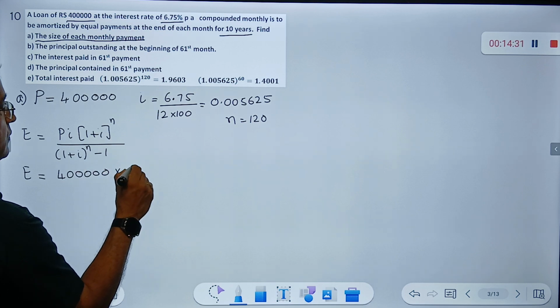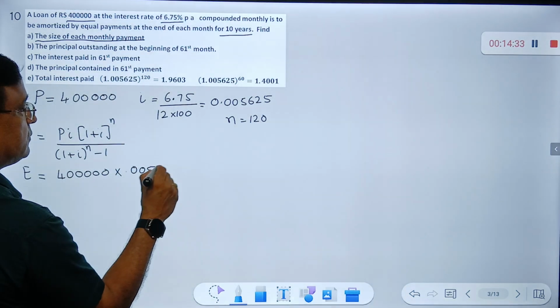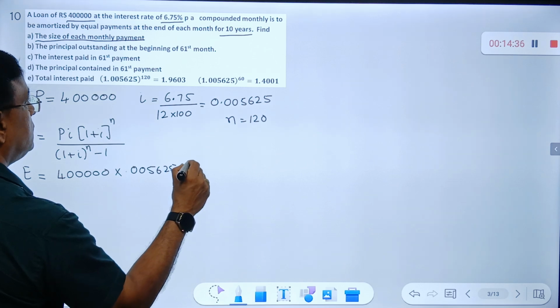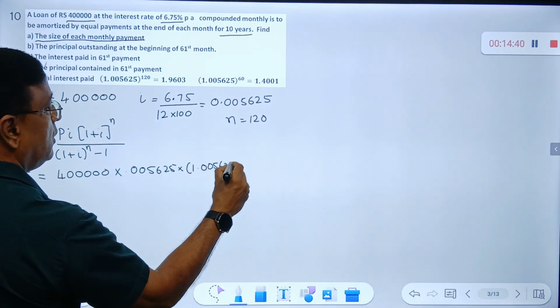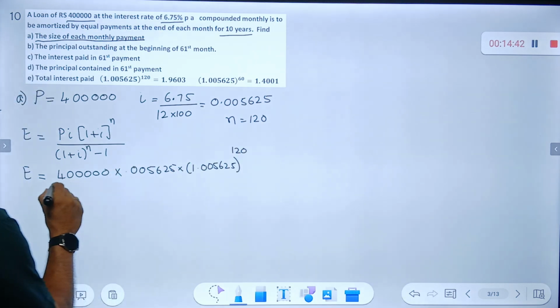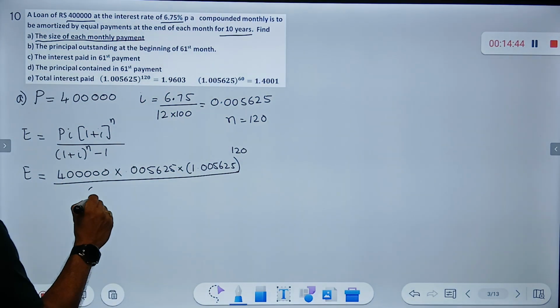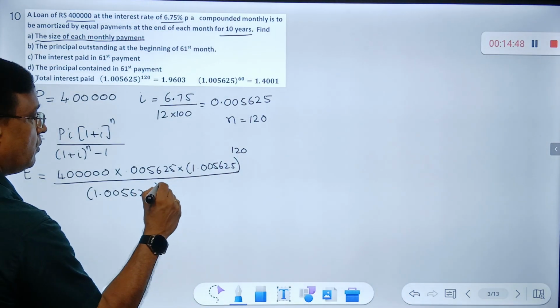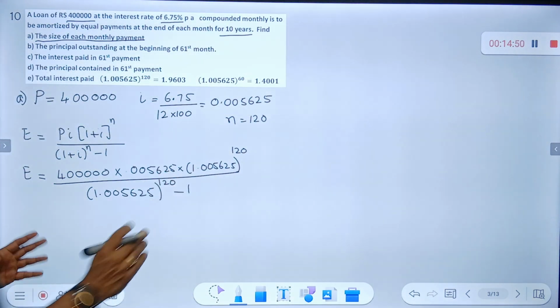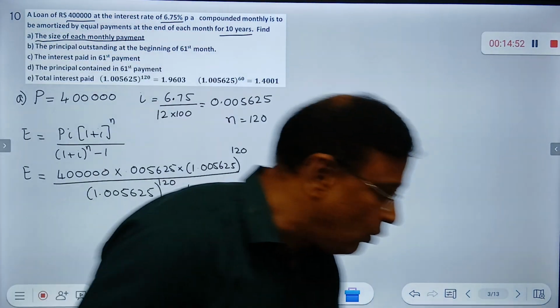Interest is 0.005625 and this is 1.005625 whole power 120 divided by 1.005625 whole power 120 minus 1. Calculation. Now how do I do the calculation?